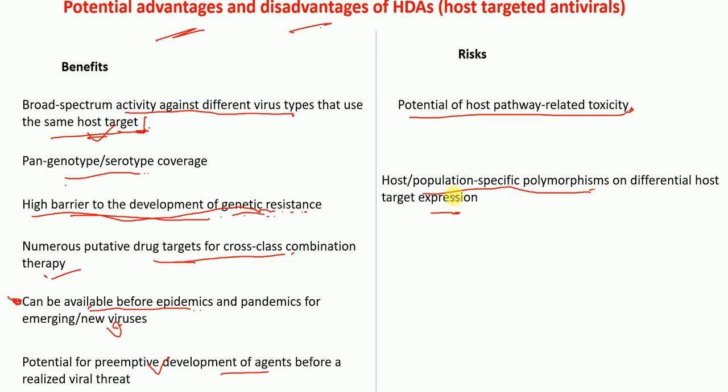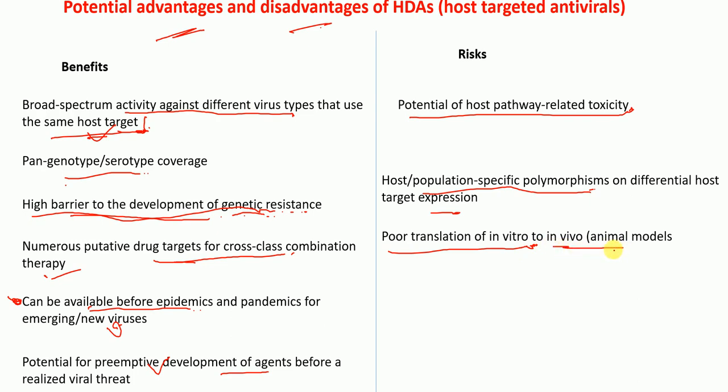And another thing is host or population specific polymorphism in the expression of different host targets, because the target protein also has different polymorphisms. In that condition, we cannot use the host-directed antiviral agent targeted against that particular target for another population because of this host specific or population specific polymorphism.